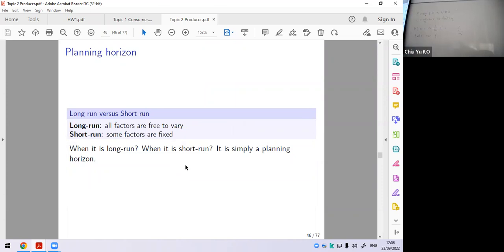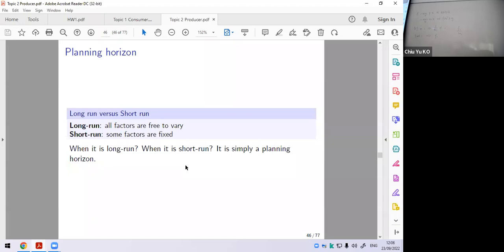Okay, so here I think this philosophical question is important: what is long run and short run? This is an artificial way to think about things. Just the definition: when you have long run, it means that everything you can change, there's no restriction. And short run, there's something you can't change.